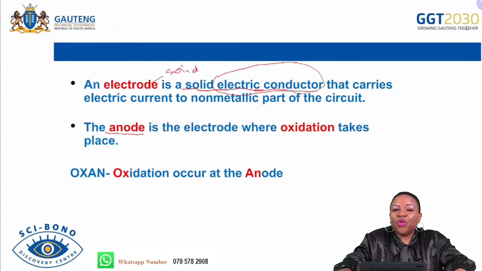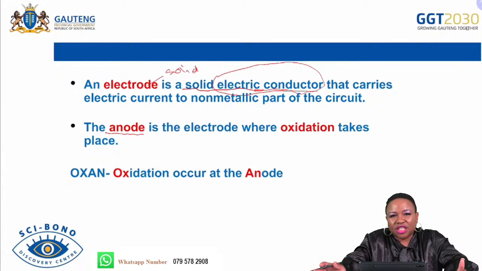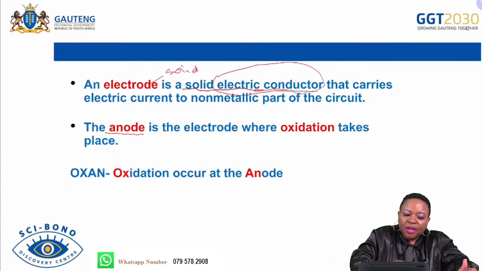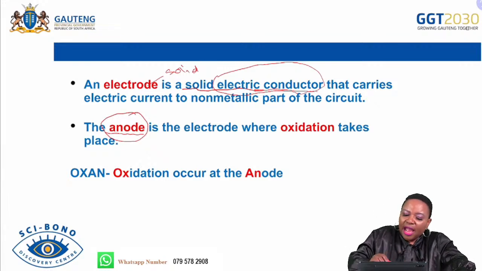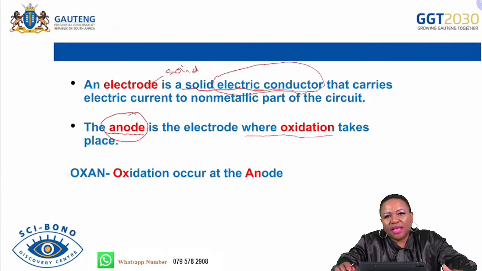Therefore, if we are having the electrodes, one electrode will be where oxidation will occur and the other one will be where reduction will occur. Therefore, in terms of the anode, which is one of the electrodes that we are going to have, at the anode we are going to find oxidation. So the anode is where oxidation will occur.